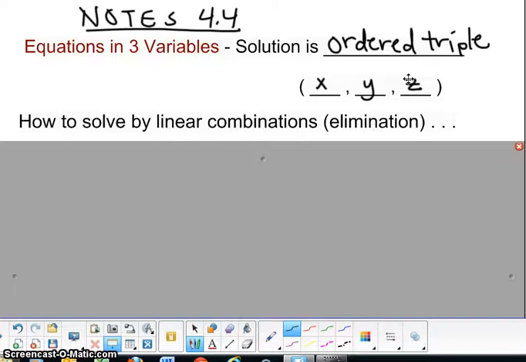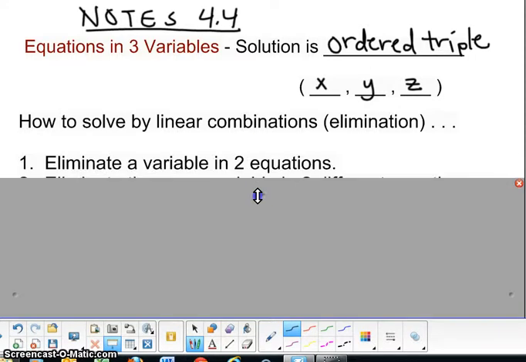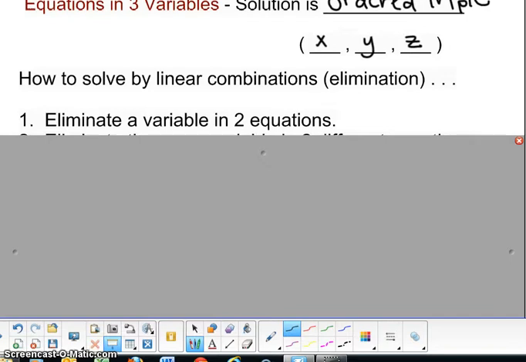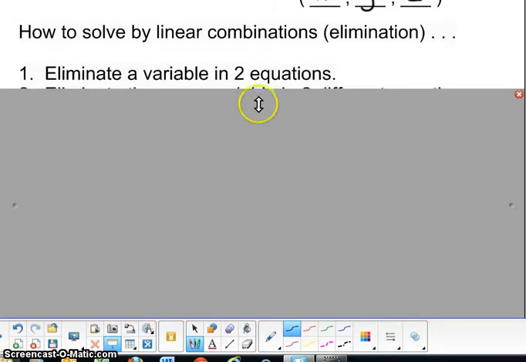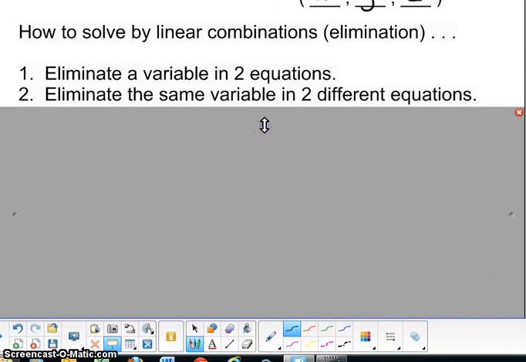So this is what I would like to write down for the steps. How to solve a linear combination. Okay, we're going to eliminate a variable in 2 equations. Then we're going to eliminate the same variable in 2 different equations.